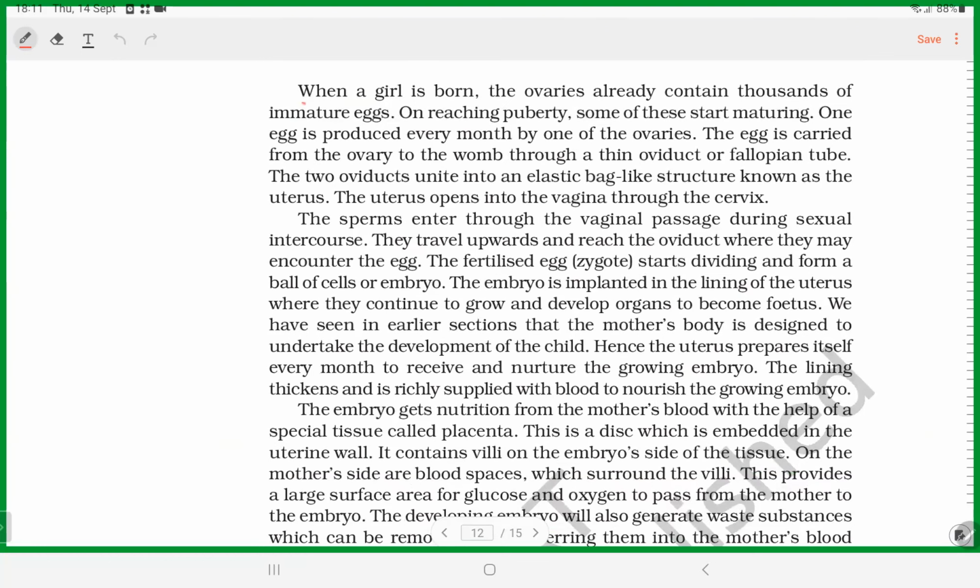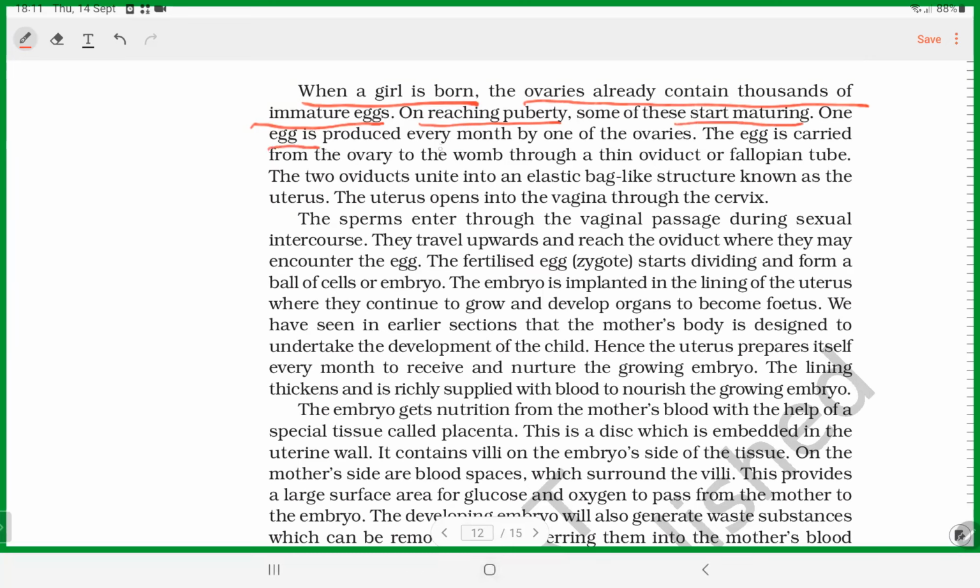Now listen about the differences in spermatogenesis and oogenesis. In women, a very important thing you should know is that when the girl is born, the ovaries already contain thousands of immature eggs. On reaching puberty, only a few start maturing.